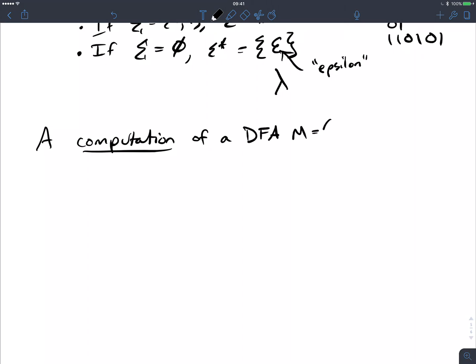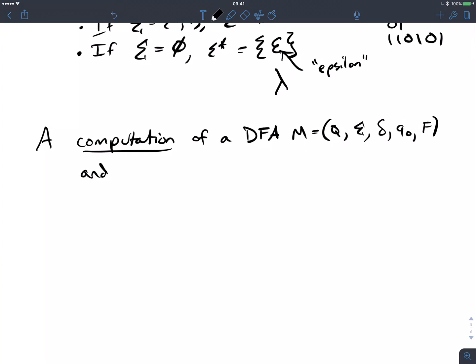Since this is an arbitrary DFA, I don't know what the structure of M is going to be, but I know that it is a DFA, so it has 5 parts: Q, sigma, delta, Q0, F. And now that we understand the notion of sigma star, we know that there is some string in sigma star, but I don't know what string it could be.